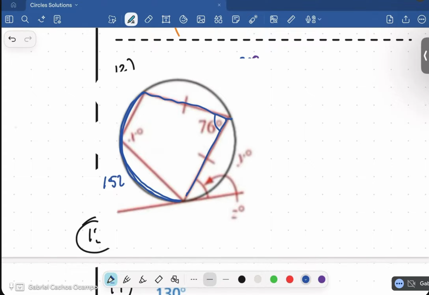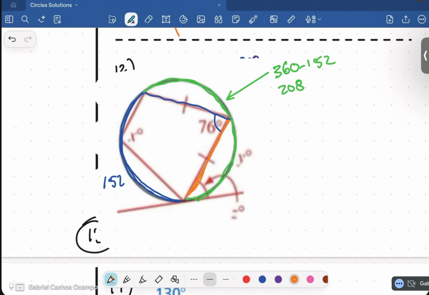Okay. Then you know that this green arc is 360 minus 152. 360 minus 152 is gonna be 208. Okay. Because these two chords are congruent, I am splitting it into two congruent parts.